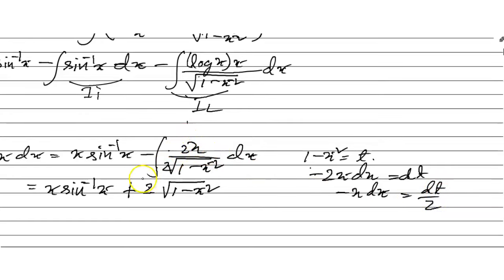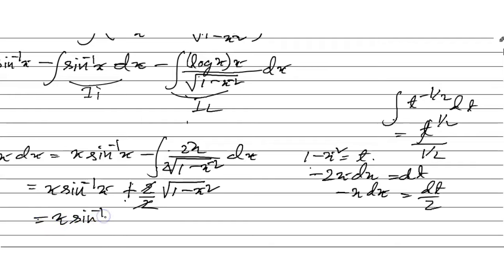So integration t to the power minus half dt equals integration t to the power half divided by half. So this half and this half will cancel, so it will become x into sine inverse x plus root of 1 minus x square.